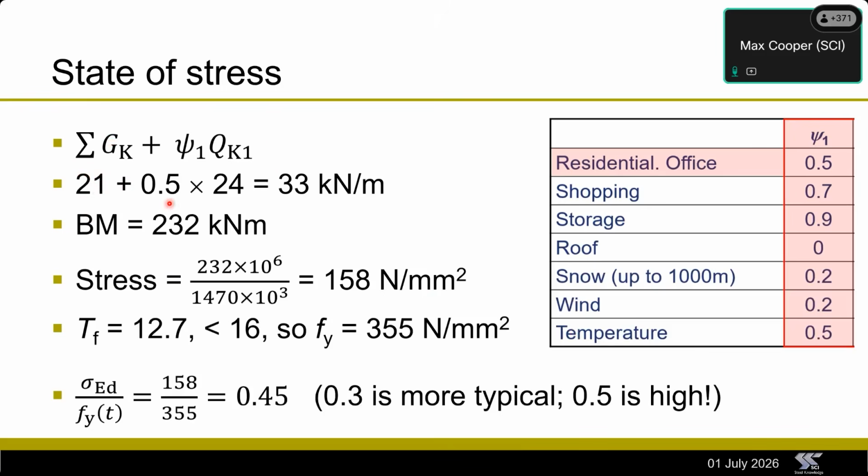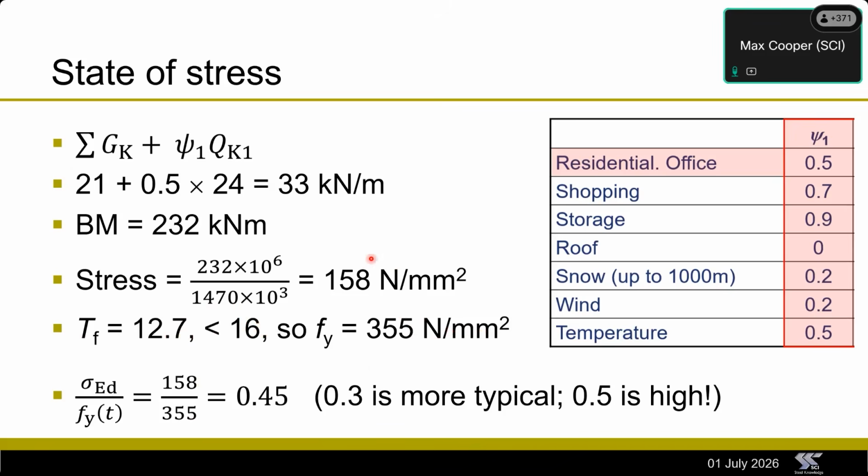The reduced variable load, 0.5 times 24, is 12. That really gives us a bending moment of 232 kilonewton meters, a stress of 158 newtons per millimeter squared. Our flange thickness is 12.7 millimeters. So that's less than 16 millimeters, so we know we have the full 355 newtons per millimeter squared yield strength as our design strength.